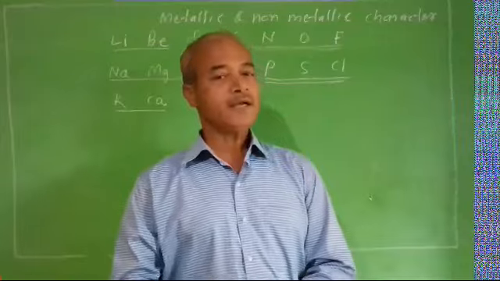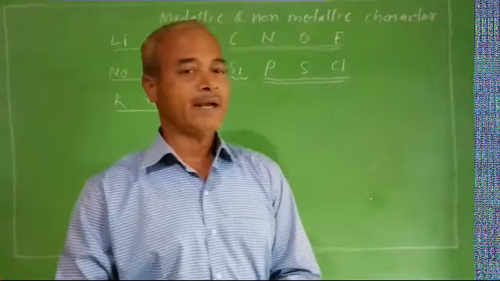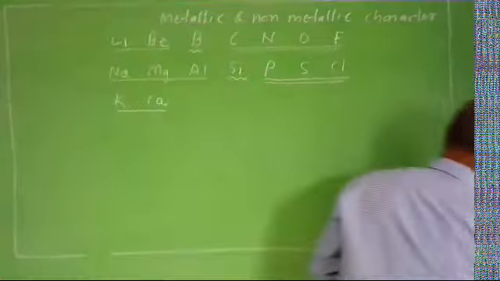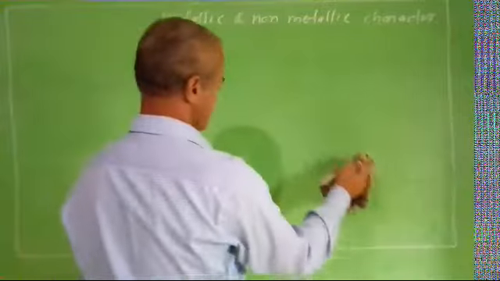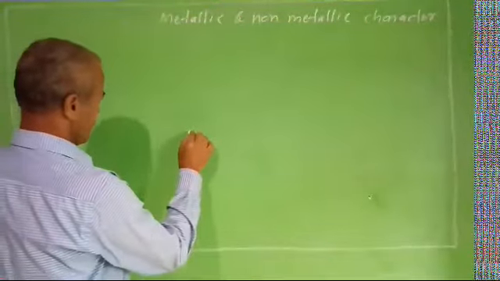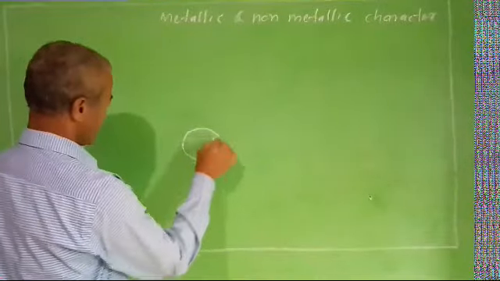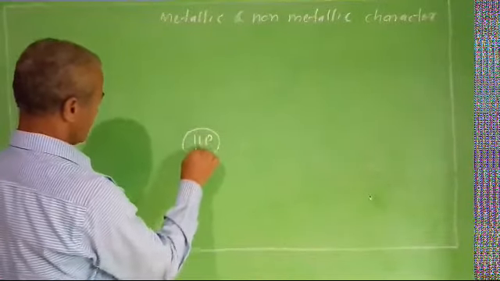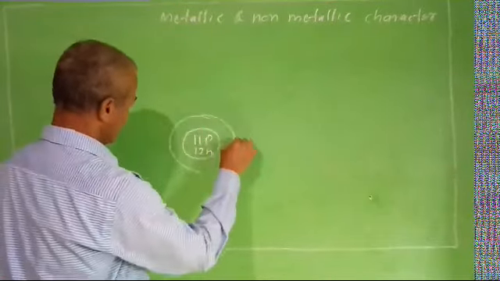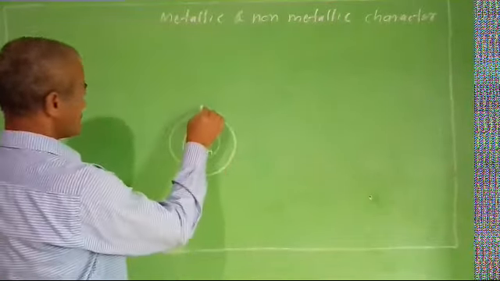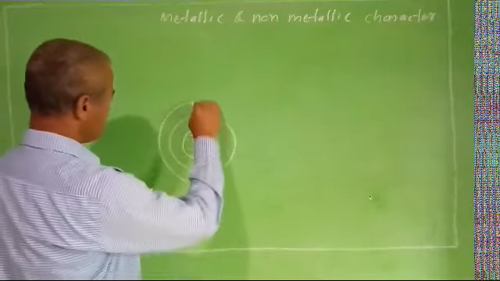So let us see what is a metallic character. So this is a sodium atom.